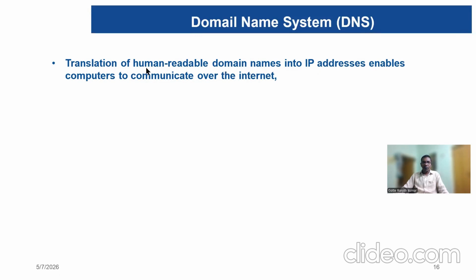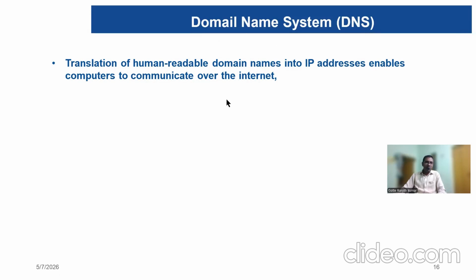The domain name is nothing but human readable names. As human beings, we can remember more names, that is website names, compared to the IP addresses. So that's why there should be a translation between human readable names and the IP address and vice versa. That will be done by this server, the domain name system.